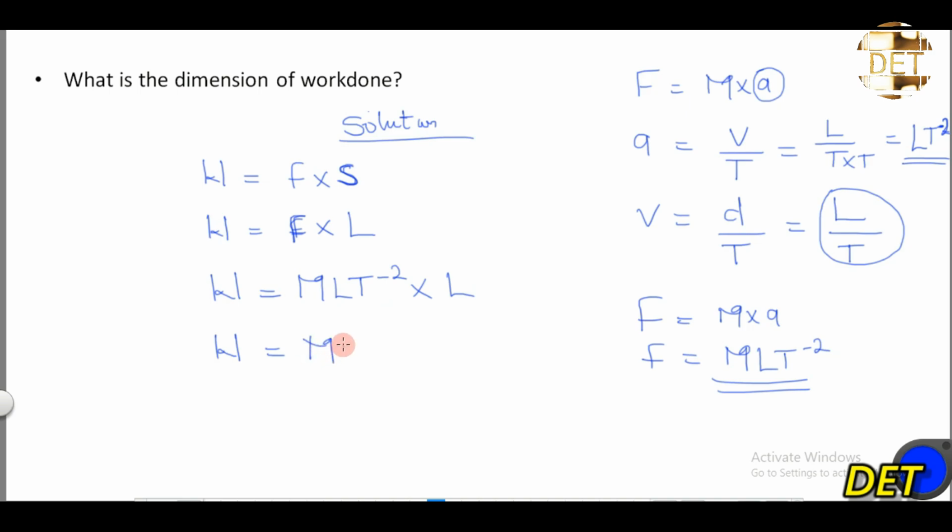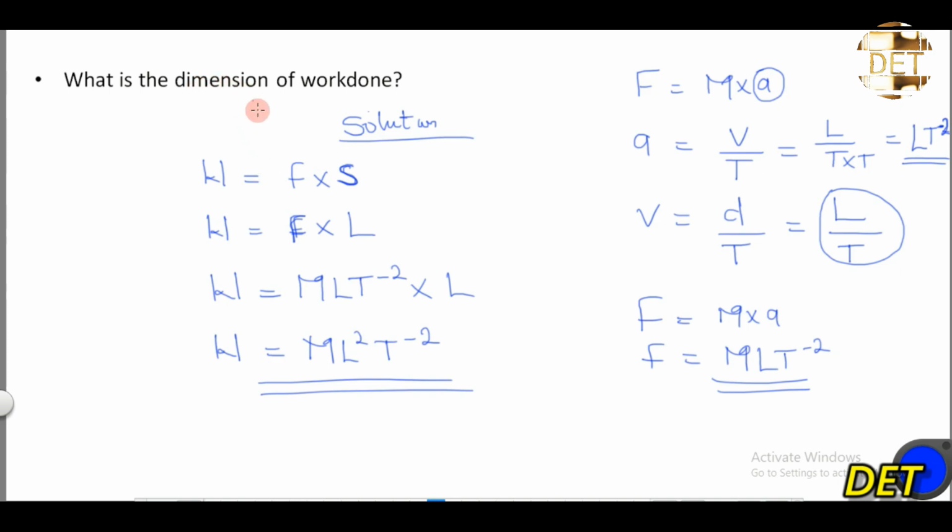So that's how we got M L squared T raised to the power of minus 2. This is my answer for the dimension of work done.